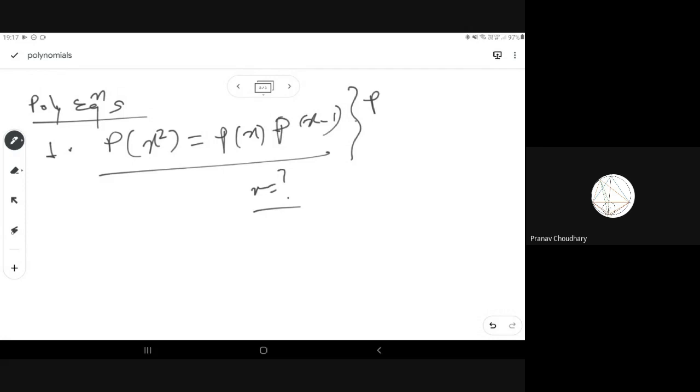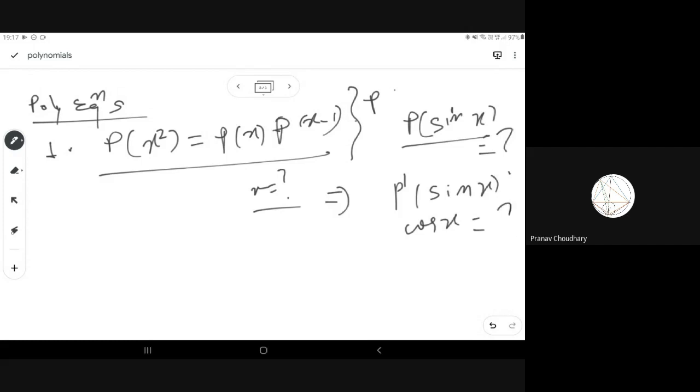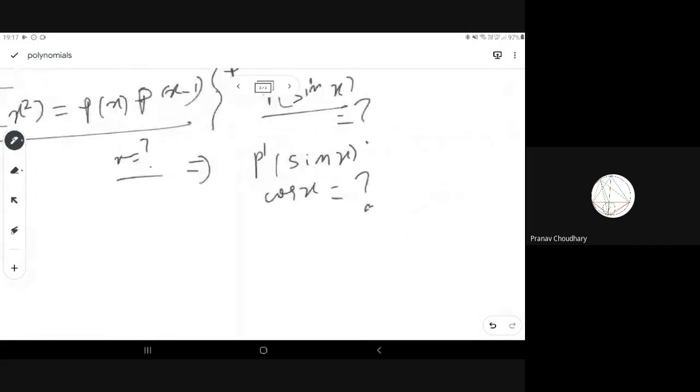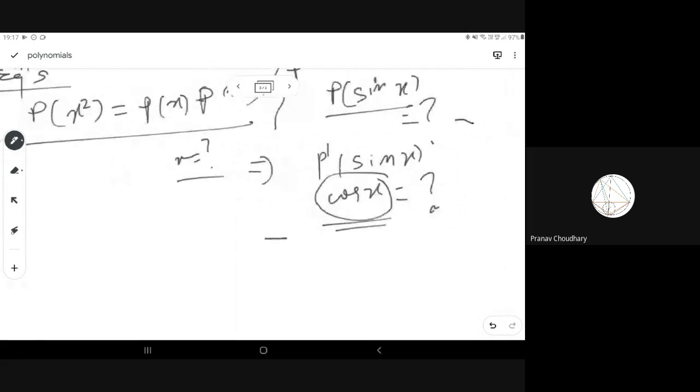In those cases you can differentiate both sides, and that helps in isolating an x. Suppose you have p of sine x equals something. If you differentiate this side, this gives you p dash of sine x into cos x, equal to the derivative of the other side. Now this gives you the freedom to make cos x what you want, an added degree of freedom. So remember this, it's quite useful.